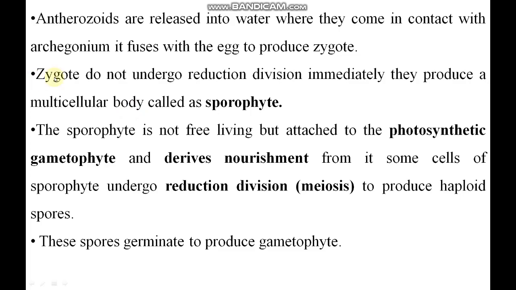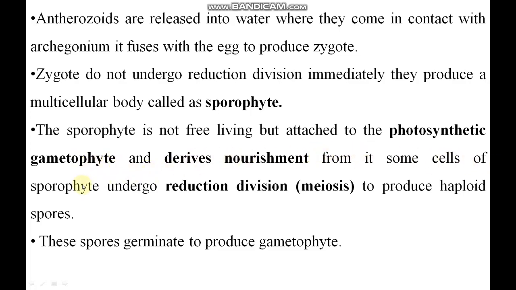Like that, the zygote comes to dormancy here, right? That is called the sporophyte. The sporophyte is not free living but is attached to the photosynthetic gametophyte. Photosynthetic gametophyte means the gametophyte is green in color, right? Photosynthesis takes place here and the sporophyte derives nourishment from it.